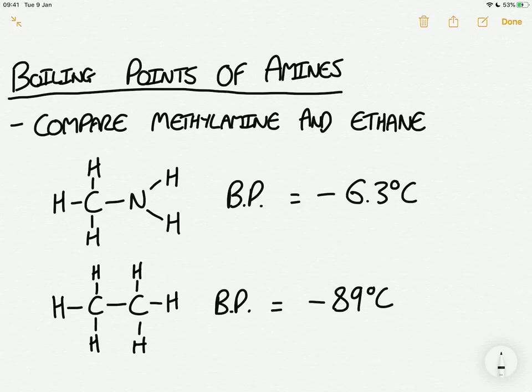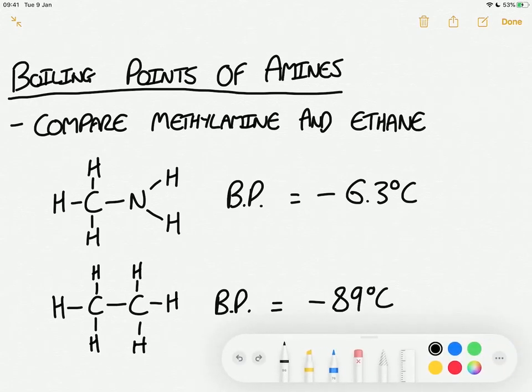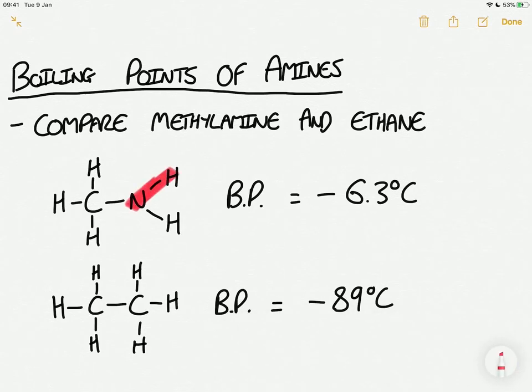So, let's do the explanation part first. Methylamine has nice polar functional groups in it. Very specifically, it has an NH bond. It has 2, but it only really needs 1 for this to be relevant.